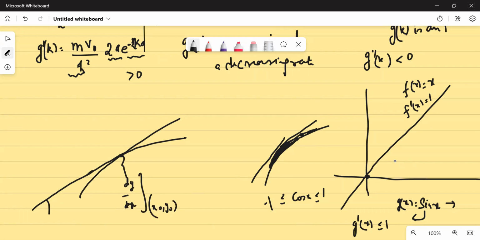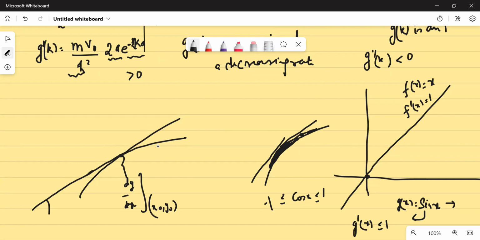So if my curve's slope is less than 1, the tangents drawn will have slope less than 1, which implies my line y equal to x will lie above.